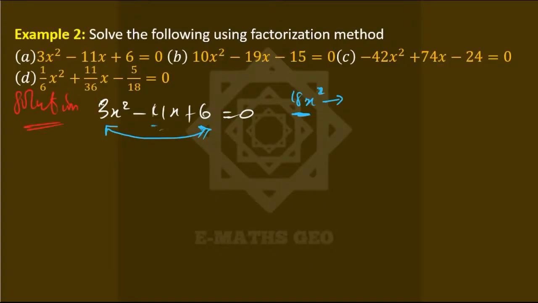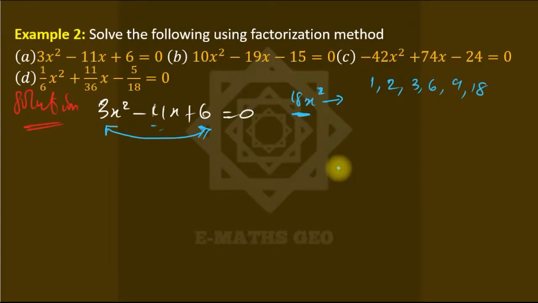You get the logic? Multiply these 2 terms to give you a term, like for this first one, 18x squared. You now split this into 2 factors that will have x, something x, and another thing x, such that if you add it up, it will give us minus 11x. So you can see that 18 has a lot of factors, which are 1, 2, 3, 6, 9, and 18.